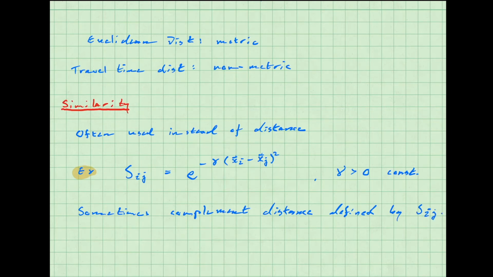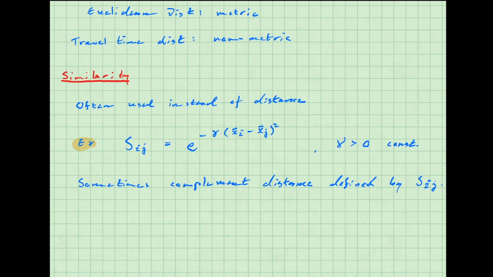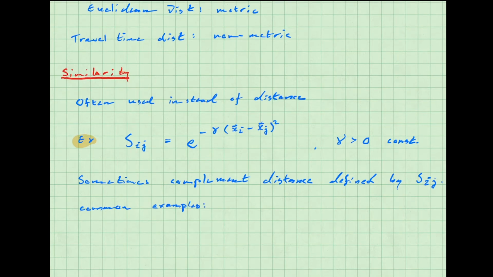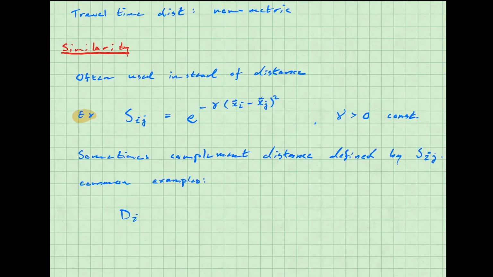If you started with a matrix of similarities, you can define distances, and some common examples are the following. Dij is going to be 1 minus Sij. That's a common way to define distance in terms of similarities. Or another one is Dij is the square root of 1 minus Sij. But you don't have to do this.